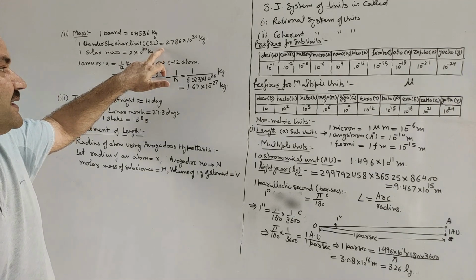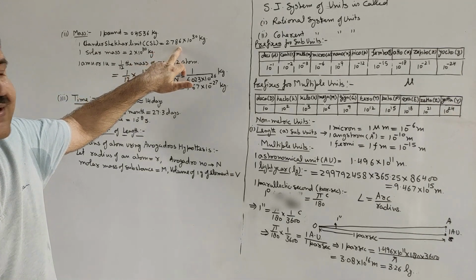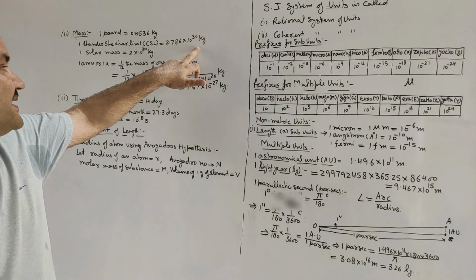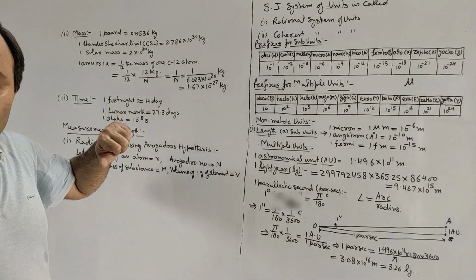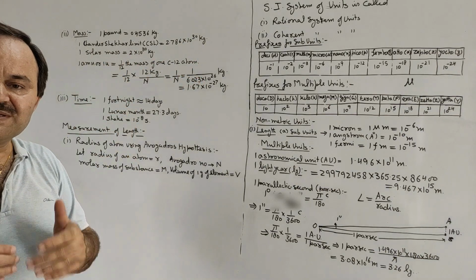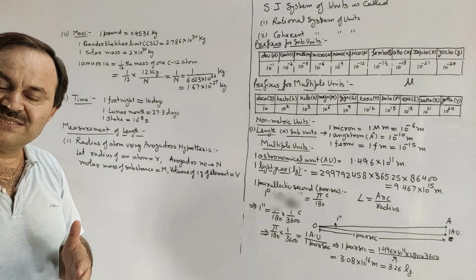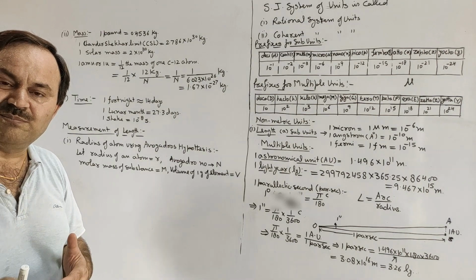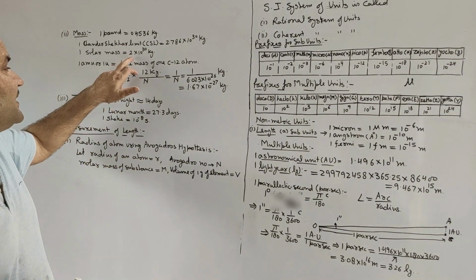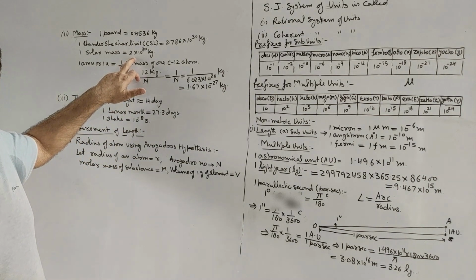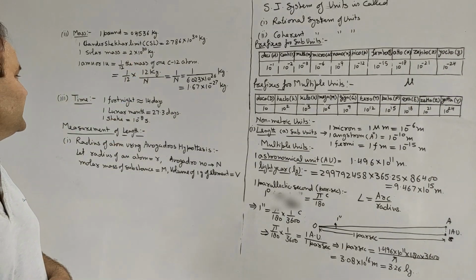One Chandrasekhar limit is equal to 2.786 into 10 to the power 30 kg. Then one solar mass means mass of the sun, that can also be taken as the reference standard for measurement of mass, and one solar mass is 2 into 10 to the power 30 kg.